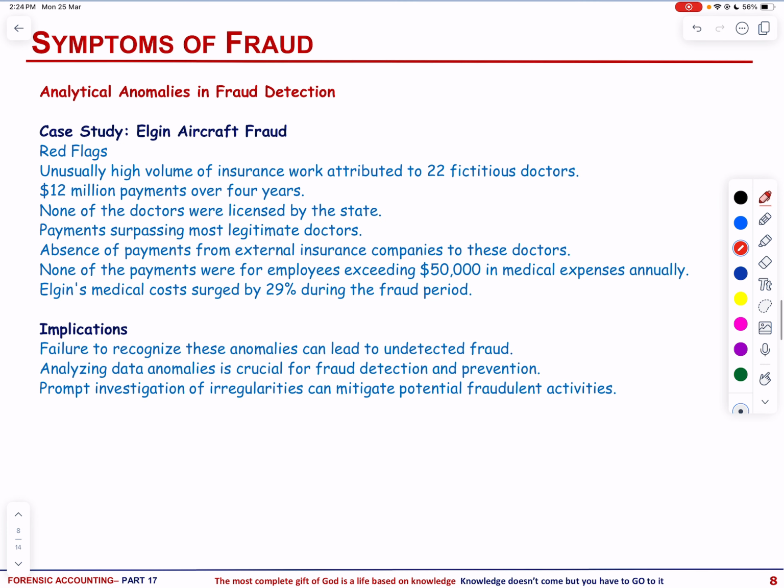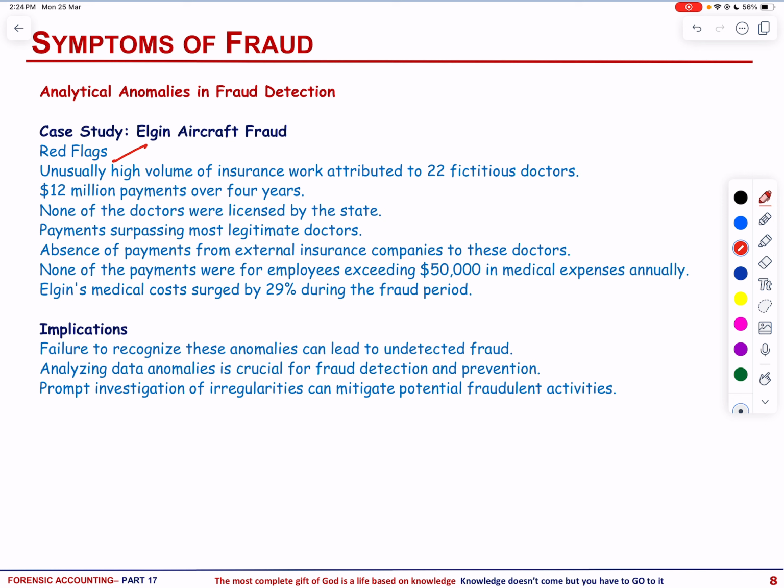Analytical anomalies in financial or non-financial data signal irregularities that lack logical explanation, such as significant changes in volume, mix, or price. In the case of Elgin Aircraft, several red flags should have prompted suspicion of the fraud.